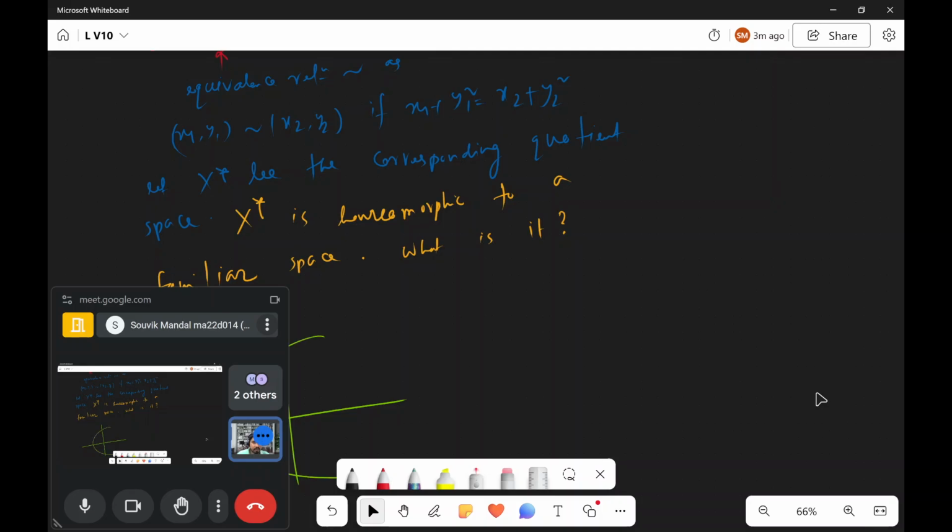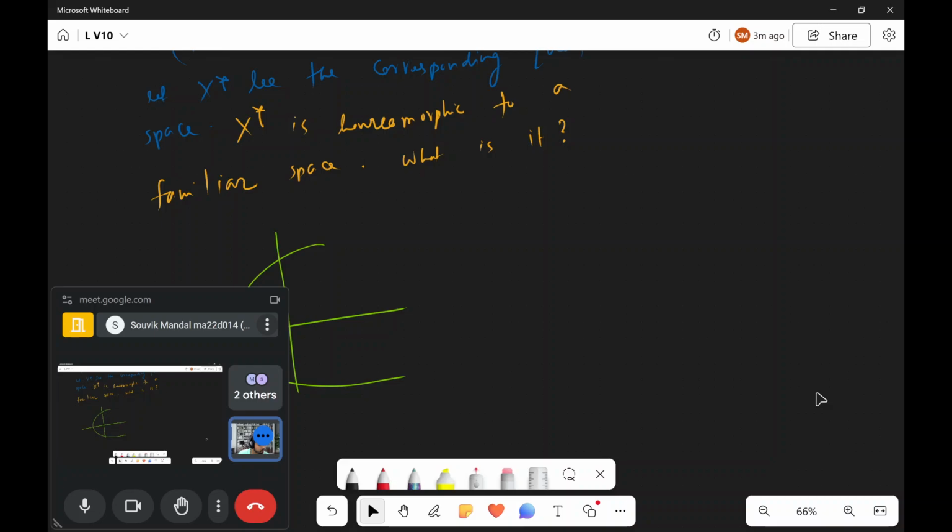Any two points on such a parabola are equivalent. All points are equivalent on all these kinds of parabolas. Now try to visualize what the corresponding quotient space will be. Think about it and let me know.